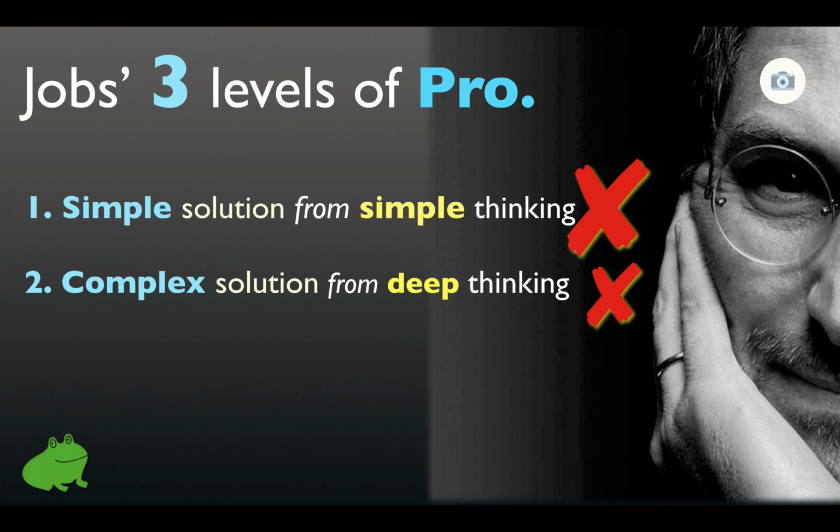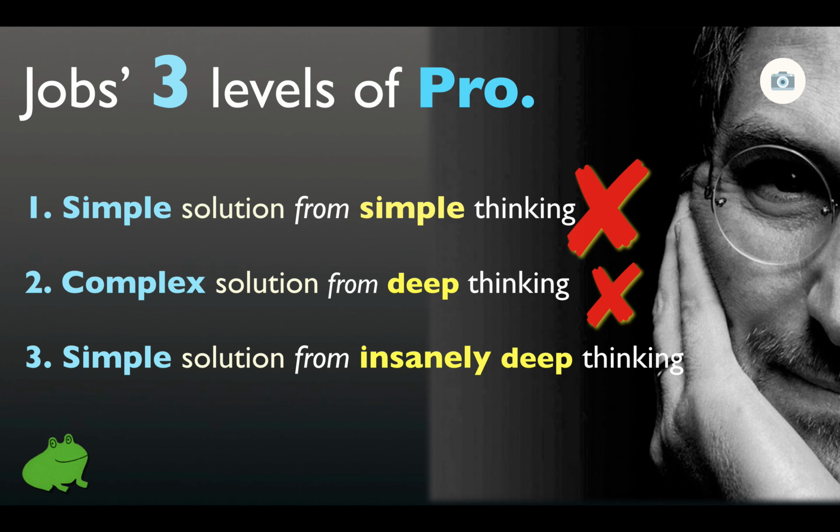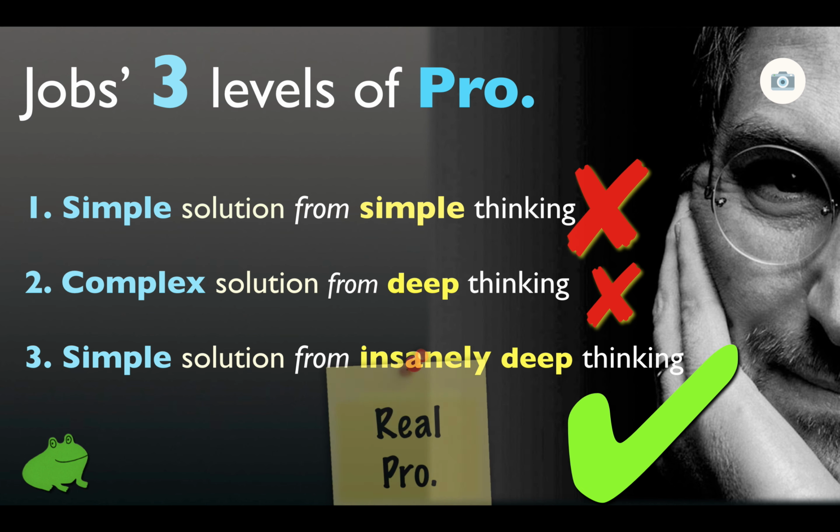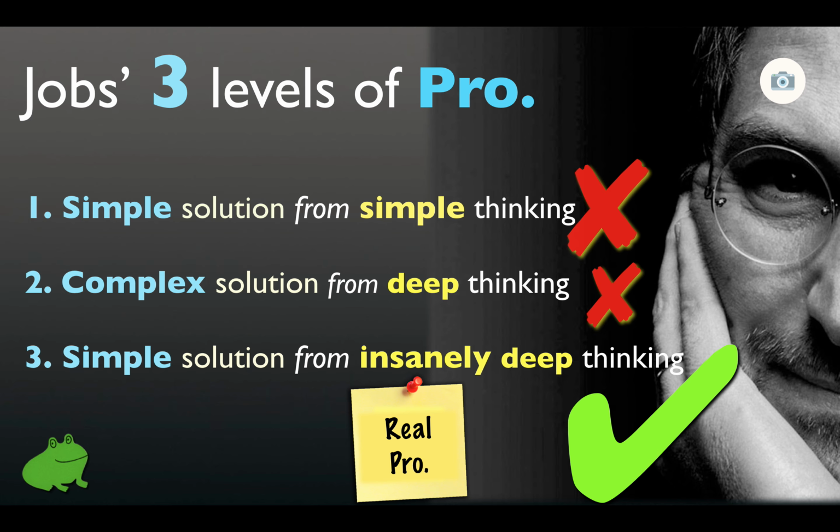It works, but it's so complicated that people cannot duplicate. And I don't like it because I'm a simple-minded person. The third one is simple solution from insanely deep thinking. That works. And that is real pro. So I was thinking that when I grow up, I want to be something like this real pro.